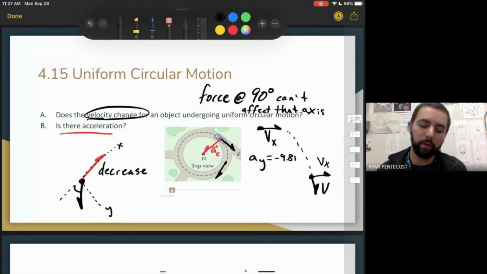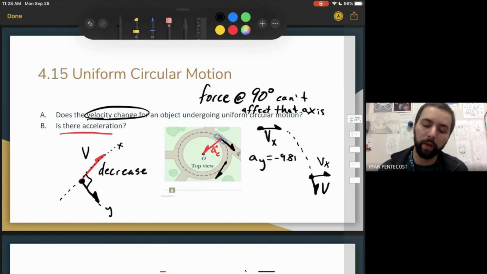Same for this guy over here. If we keep this along the y-axis, okay, that means that if this were velocity, like we're talking about with the car, it may change direction, but it won't change the strength of that vector in that direction.